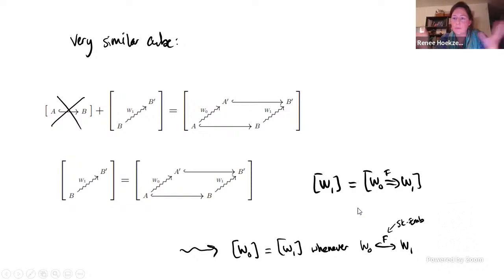Okay, so just putting these things together, I have that the class of a one simplex generated by W1 is the same as the class of a one simplex generated by W0 whenever I have an SK embedding from W0 into W1.